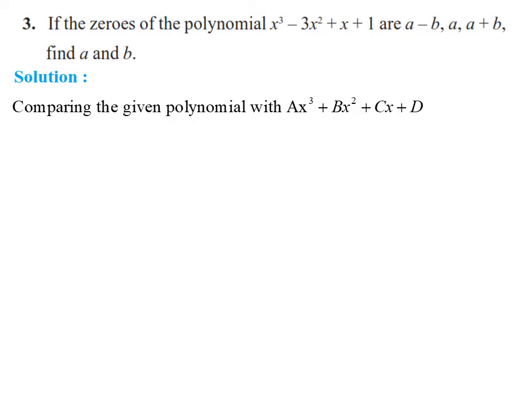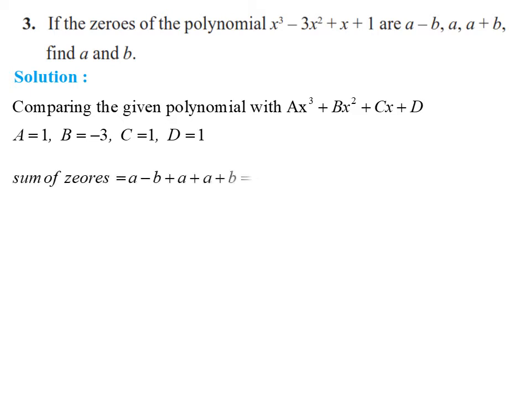Now we have A equals 1, B equals -3, C equals +1 and D equals 1. Now the sum of zeros, which can be written as a minus b plus a plus a plus b, equals minus B by A. Now b cancels out, so it becomes 3a, which equals minus of -3 by 1, that is 3.